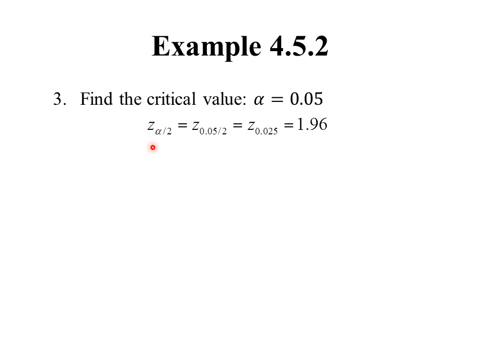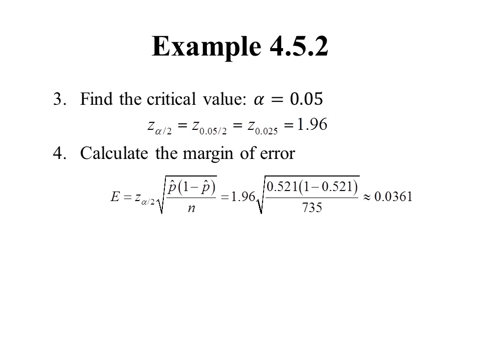So then our critical value is z sub alpha divided by 2, which is z sub 0.05 divided by 2, which is z sub 0.025. So we look at that table of critical z values, and we get our critical value of 1.96. So no calculations need to be done there, assuming that we're using a common value of alpha.